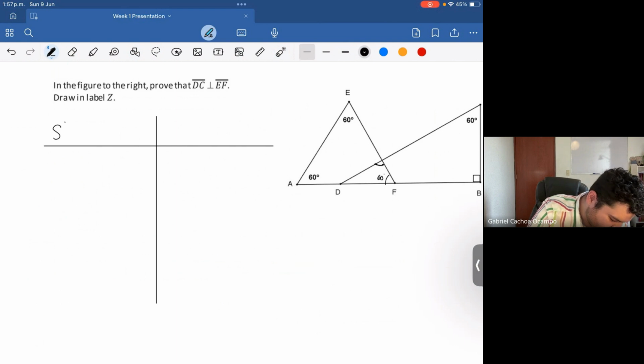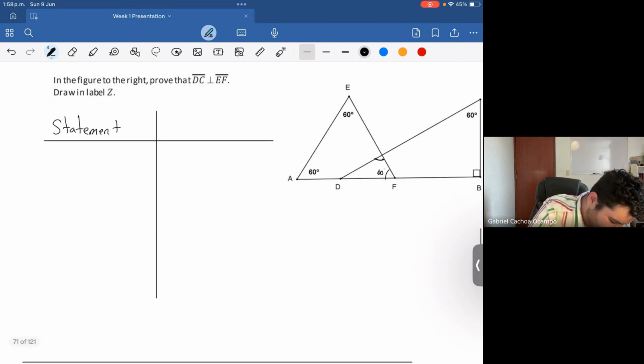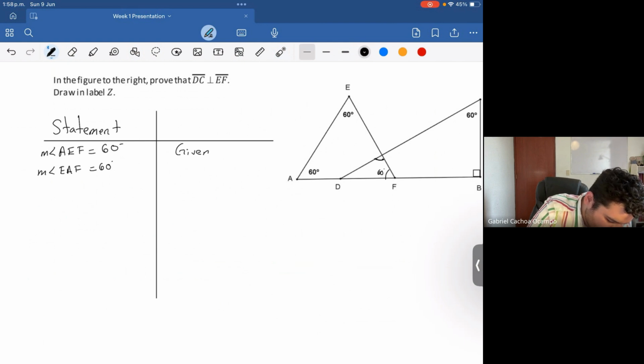So statement. Angle AEF is 60, angle EAF is 60, and that is given, like earth, like fire, like water, that is given.